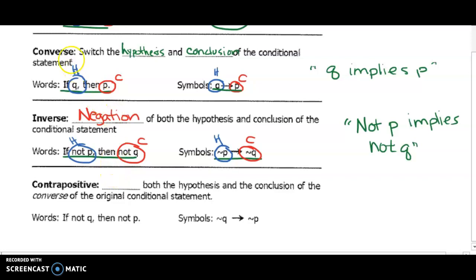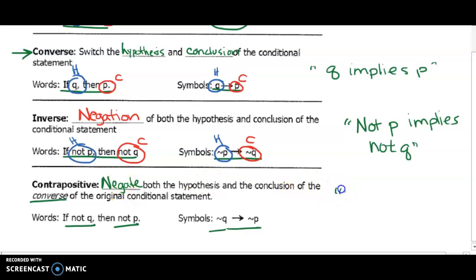But if we compare it to the converse, the order's the same as far as Q comes before P, but this time we have a not Q and a not P. So we're going to negate both the hypothesis and conclusion of the converse of the conditional statement.